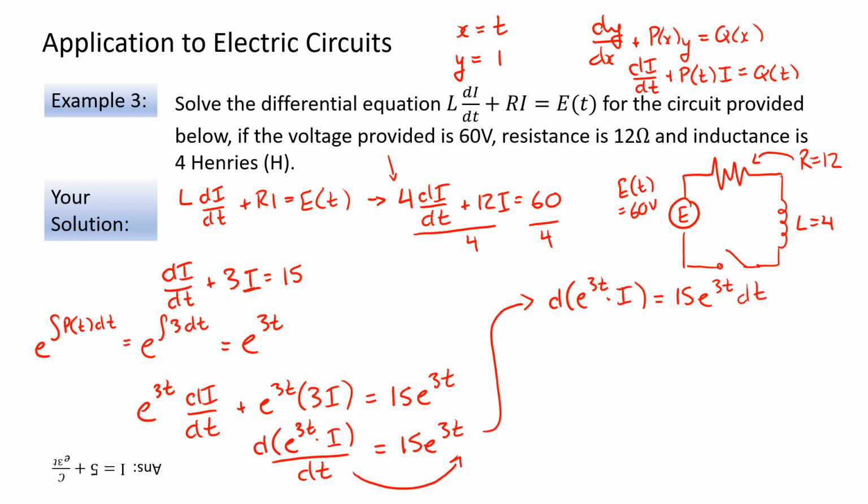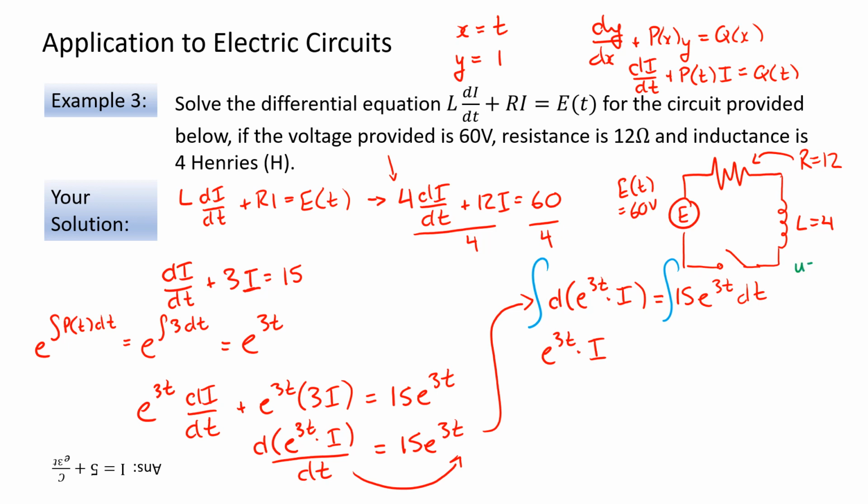Okay, so now we can integrate this, just following the same format. So we integrate both sides. Remember, the integral of the left-hand side is just what we started with if we had the product rule, which is e to the 3t times I. For the right-hand side, we can use the product rule, if you want.